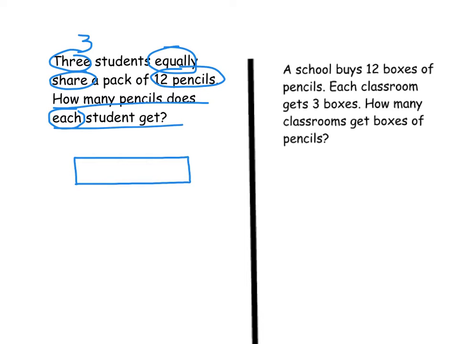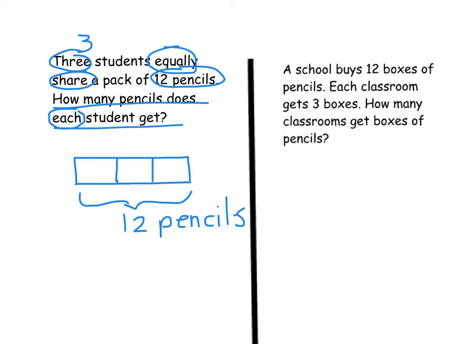And I know that this whole tape diagram represents 12 pencils. And these 12 pencils are being shared equally by 3 students. So I'm going to break my tape diagram up into 3. There's my 3 students.